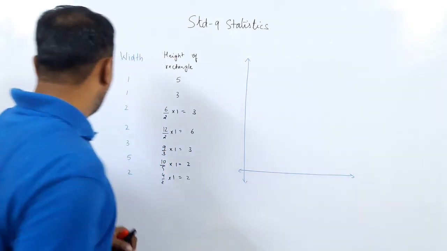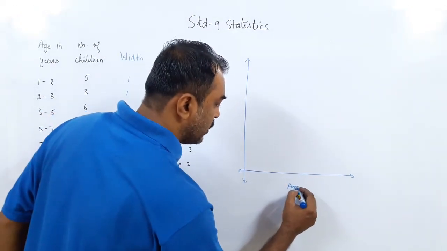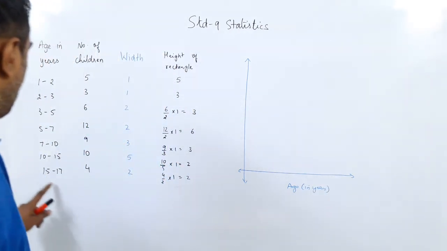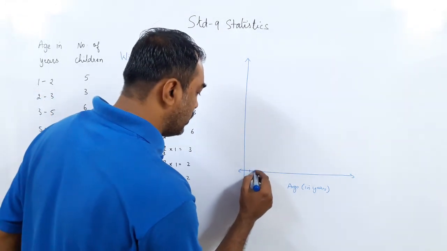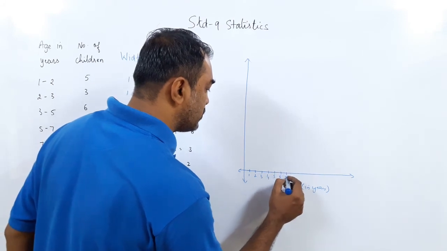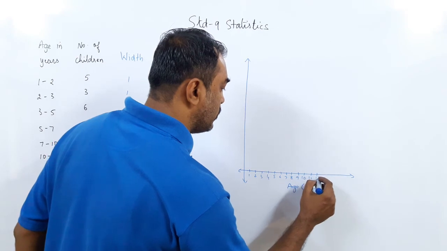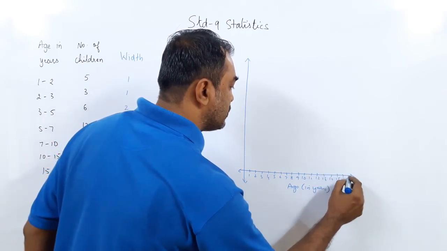So the histogram, on the x-axis what do you have? The age in years. Age comes to 70. So I can write 1, 2, 3, 4, 5, 6, 7, 8, 9, 10, 11, 12, 13, 14, 15, 16, 17.